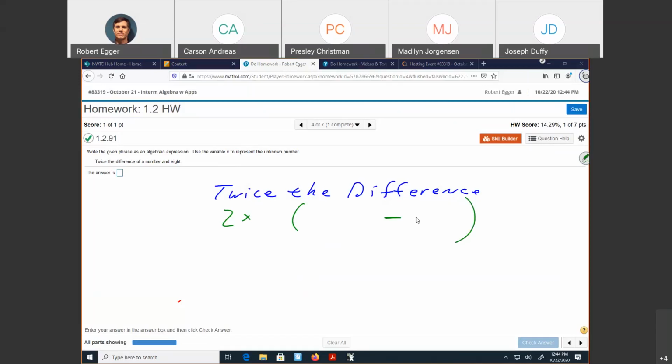The difference between a number and 8. Just out of curiosity, I'm going to try a different variable. Here we have twice the difference between a number and 8.